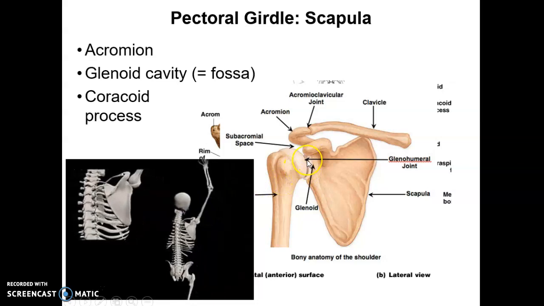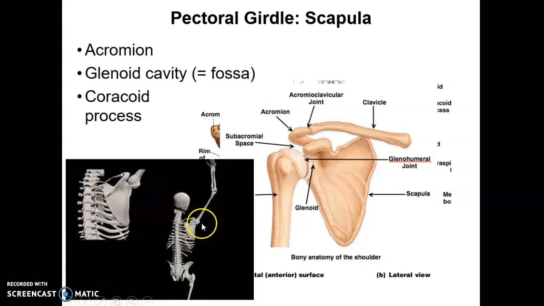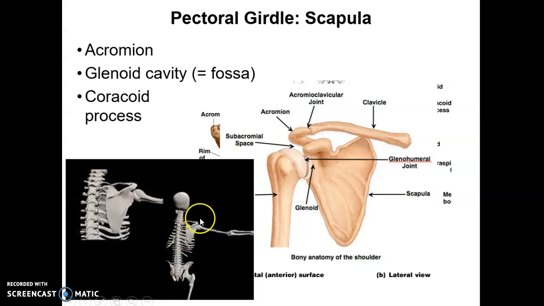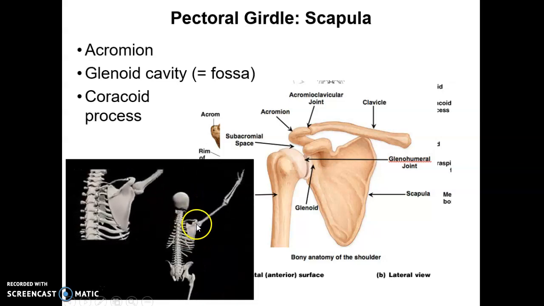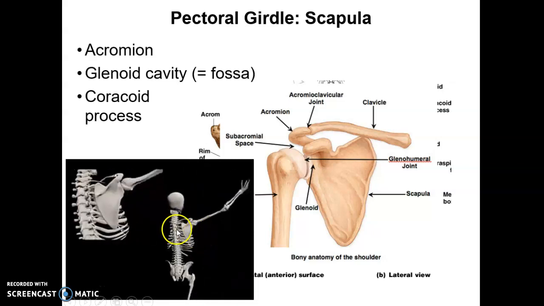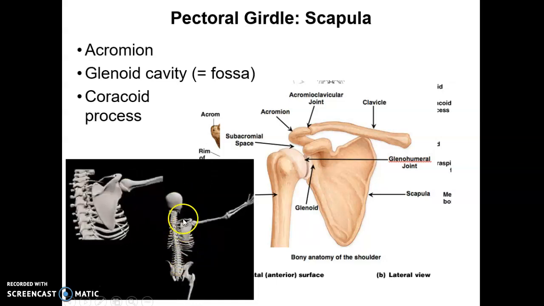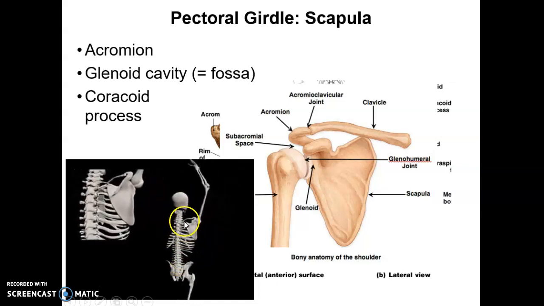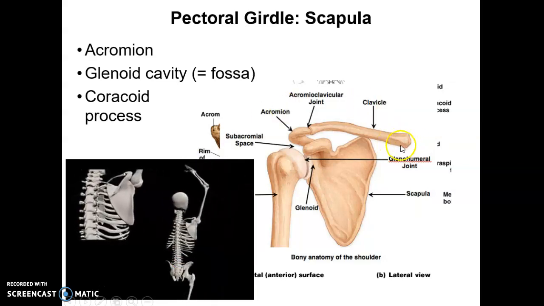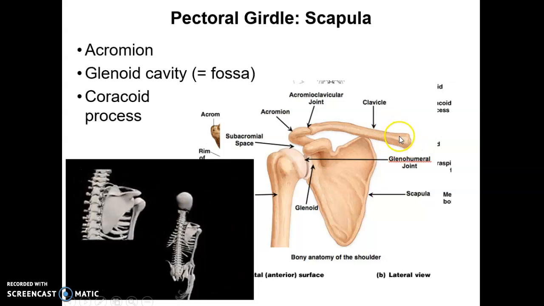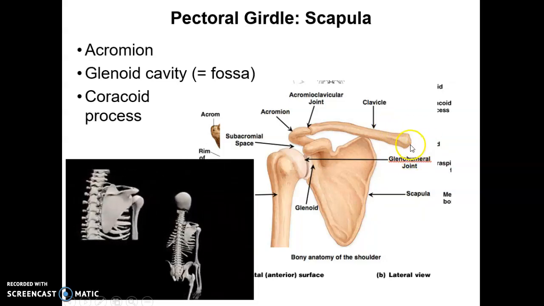Technically, this is a ball and socket joint, but one reason why you have such a huge range of motion with your shoulder, upper arm, it's because the entire upper limb articulates with the axial skeleton at one point, which is a little hard to see from the back here, but that one point is the articulation with the sternal end of the clavicle with the manubrium on the sternum, just there.